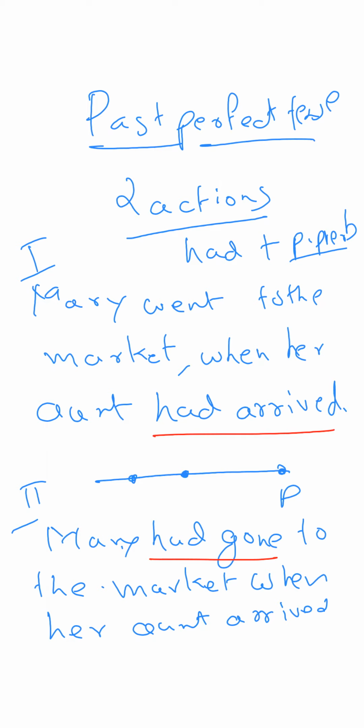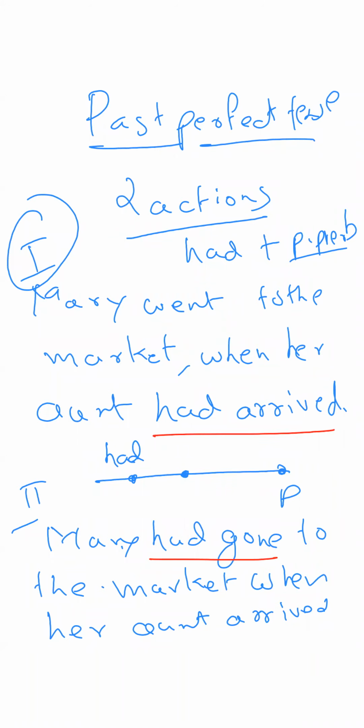But which happened first in the first sentence? Krish, you want to take a go? Her aunt arrived or what? Absolutely, Yagis. Krish, comments, please. Well, I agree. In the first one, Mary went to the market when her aunt arrived.